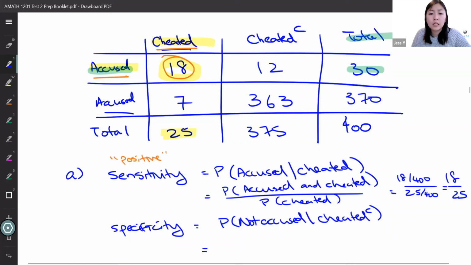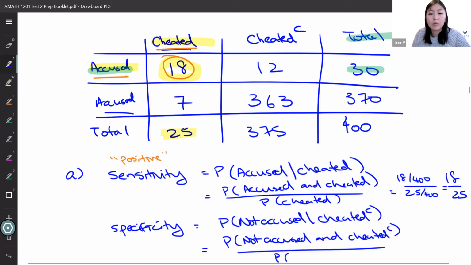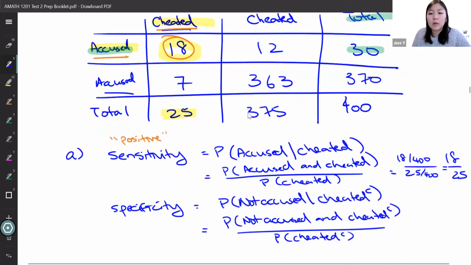For the specificity, again, use the formula: probability that they were not accused and they did not cheat, divided by the probability that they did not cheat. Okay, and then again, use the table. So not accused, oops, sorry, this should be not accused, my bad. Not accused and not cheat.